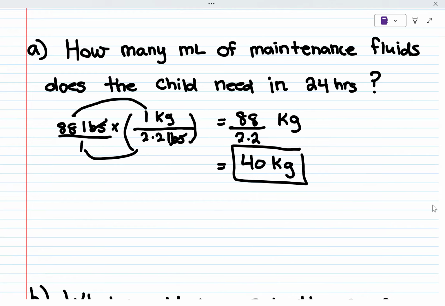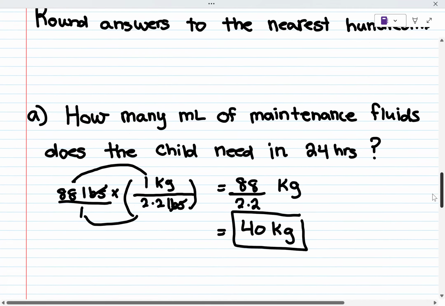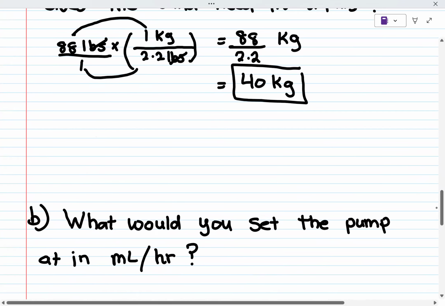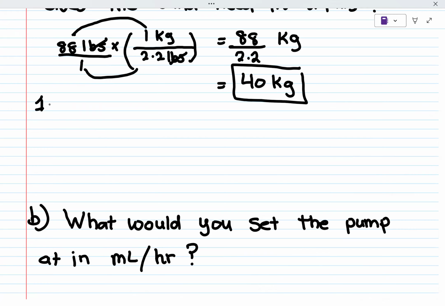Let me show you. Let's do the first 10 kilograms. We have a total of 40 kilograms from the child's weight, which was originally 88 pounds.